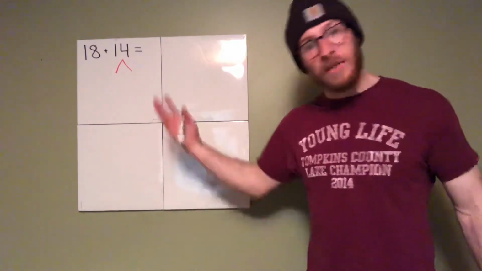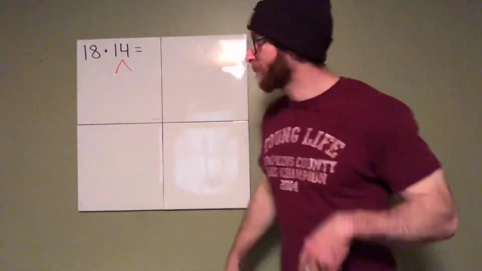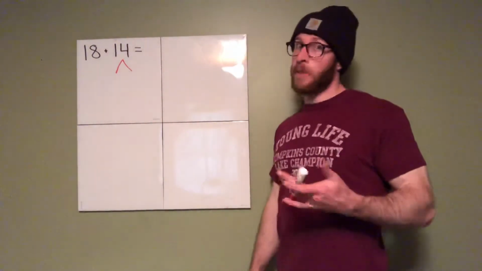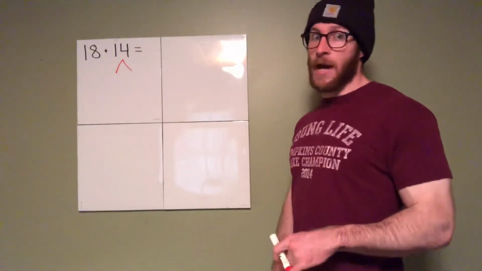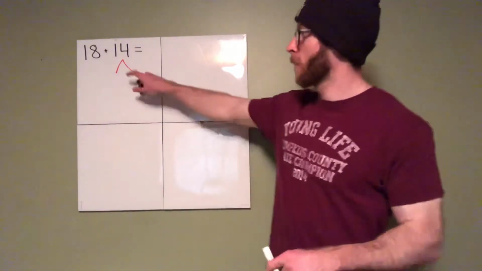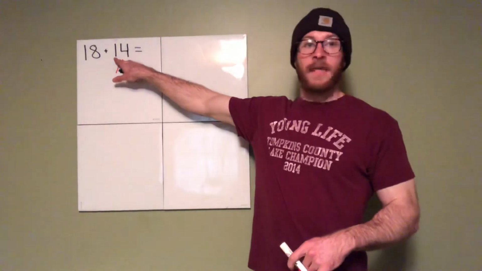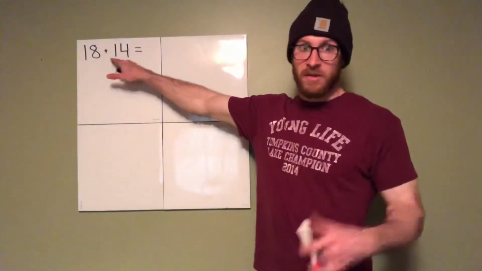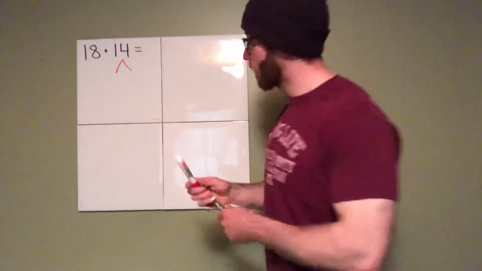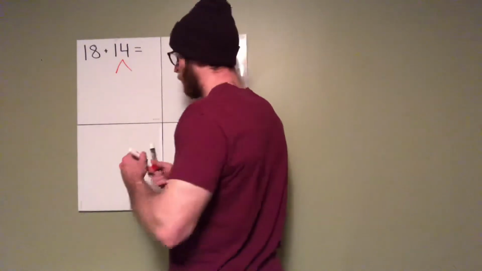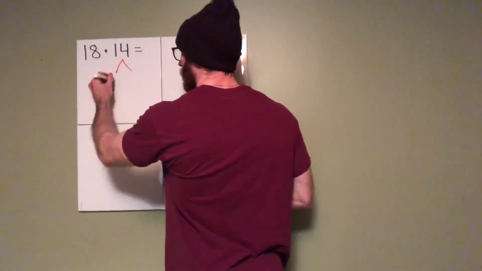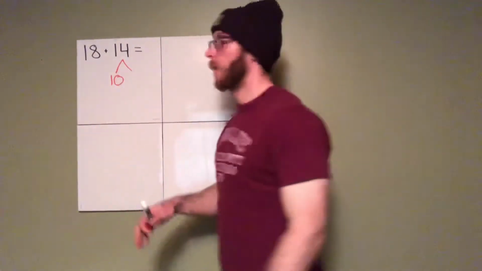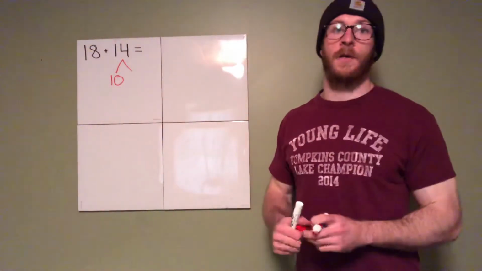Now, what am I splitting my 14 into? You tell me. I want to split in my 10s and 1s, so how many 10s do I have in the number 14? I look right in my 10s place, I have 1 10, so that must be 10. Now, how many 1s are in the number 14?